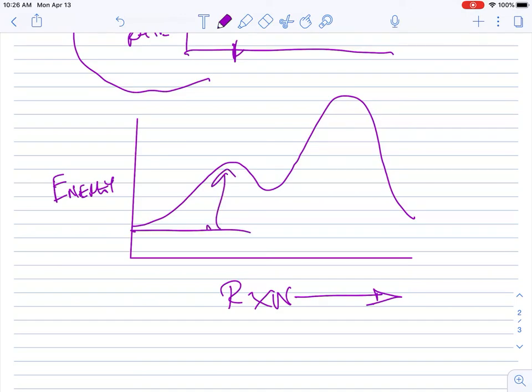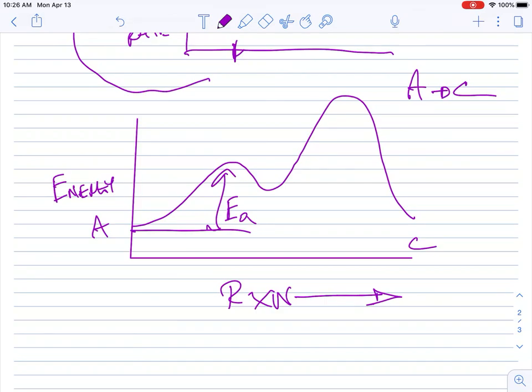So remember, this first part here is going to be your first activation energy. This is A turning overall into C, so we end up with C here.